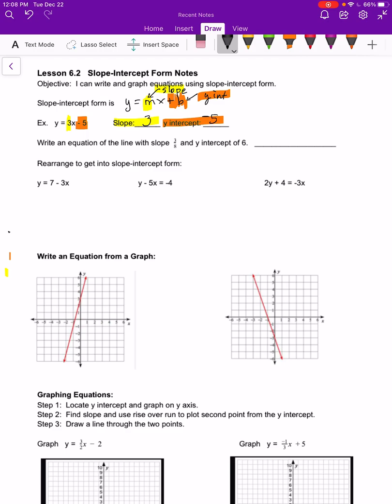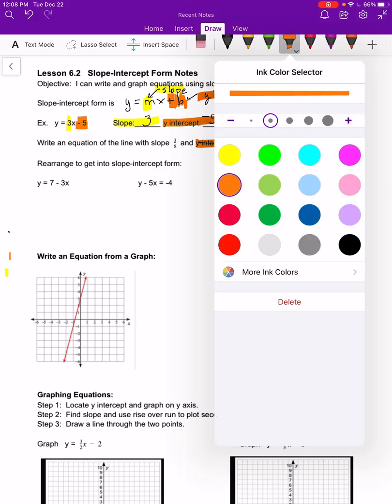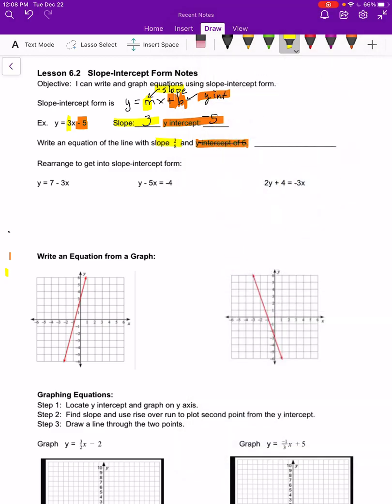So if you had the same thing, except we turned it around and they gave you the y-intercept of 6 and they gave you the slope of 3/8, you could use that to write your equation. So remember, your equation is y equals mx plus b.